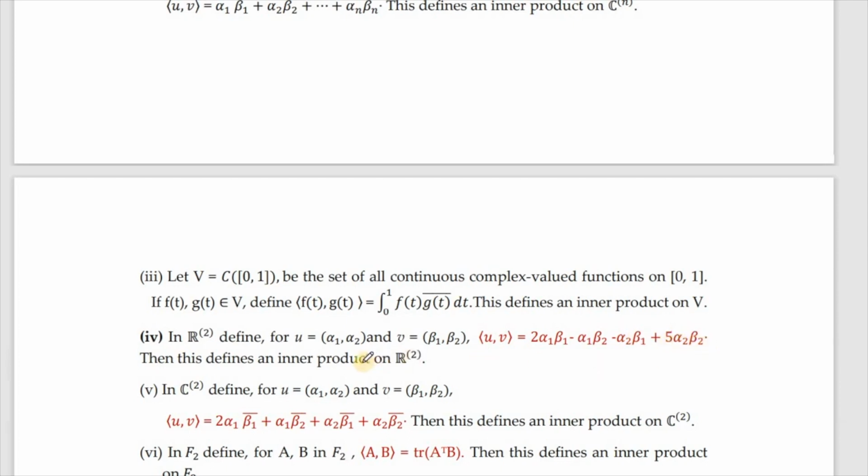We can check the three axioms IP1, IP2, IP3, and easily establish that under that inner product also, my R2 becomes an inner product space.